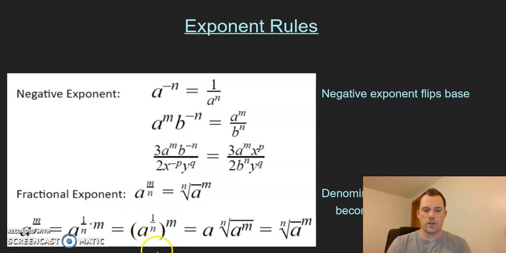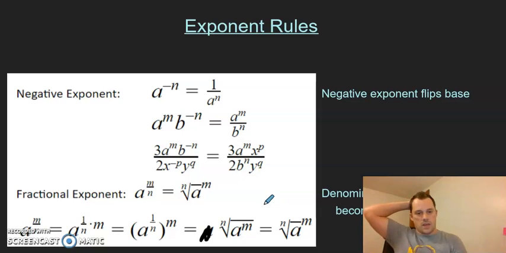And now if we just look at what's inside parentheses here, the a to the power of 1 over n becomes the nth root of a, and then we still have this power of m, and it actually doesn't matter whether that m is an exponent outside the square root or inside. You could do either way, and it would give you the same value.